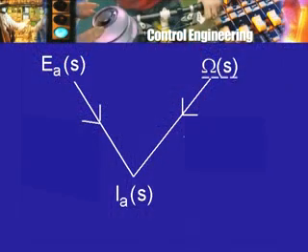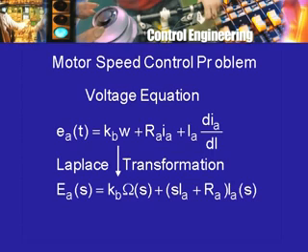So what does the signal flow graph, or a part of it, look like? I have to put down two nodes, one for I A of s, the other for omega s. So let me put them down, omega s here, I A s here, and I may not write this s now in order to save time, but remember we are dealing with transforms. And then here I have the input node E A of s, and so I have to solve this equation for one of the two quantities, either omega s or I A s, in terms of E A and the other one.